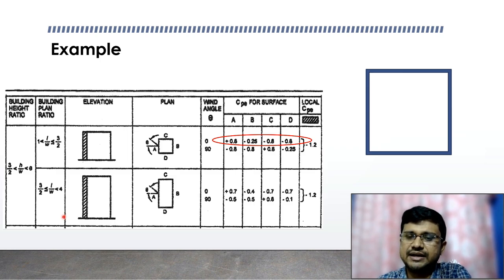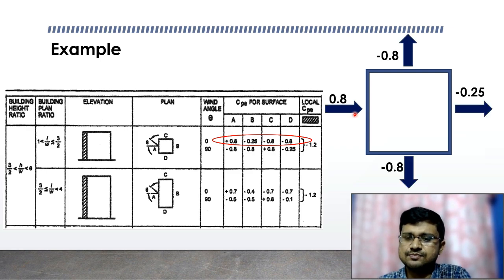Suppose there is a building model for which the H by W ratio is between 3 by 2 to 6, and L by W ratio is between 1 and 3 by 2. Now for this building, if wind is hitting the longer side, as we have already said, at that time we will say that wind angle is 0 degree.